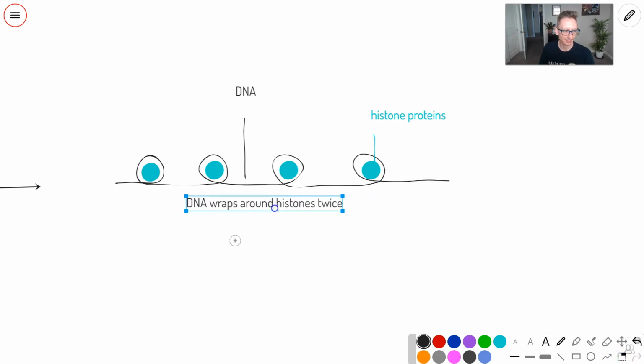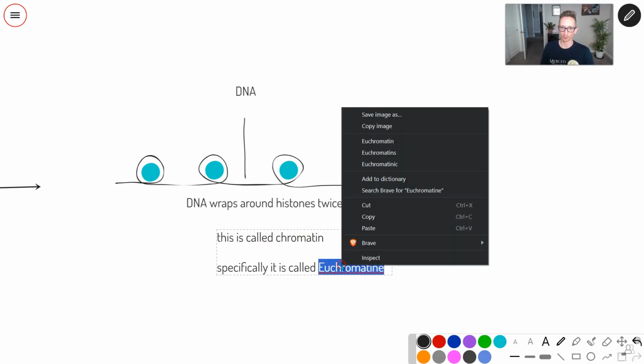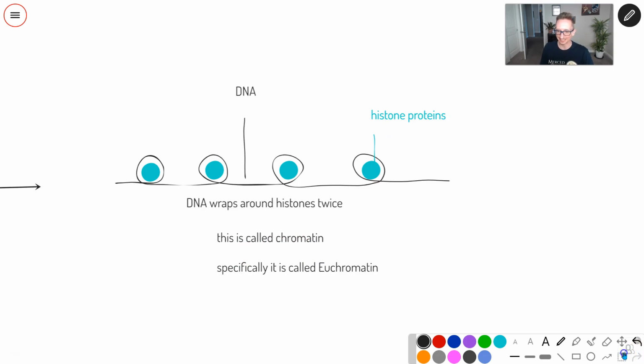Okay, and this is called chromatin. Specifically, it is called euchromatin. Euchromatin, meaning true chromatin, because the DNA can still be read.